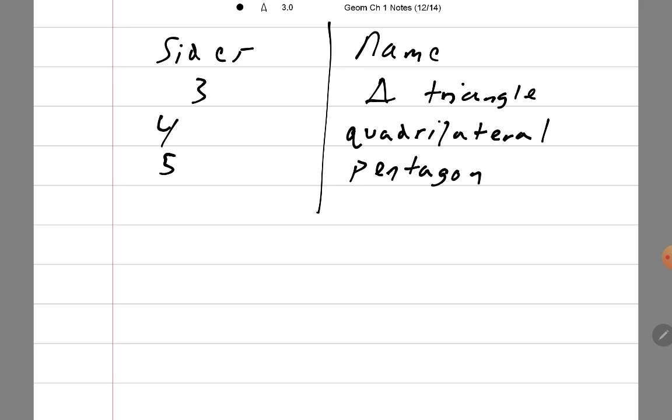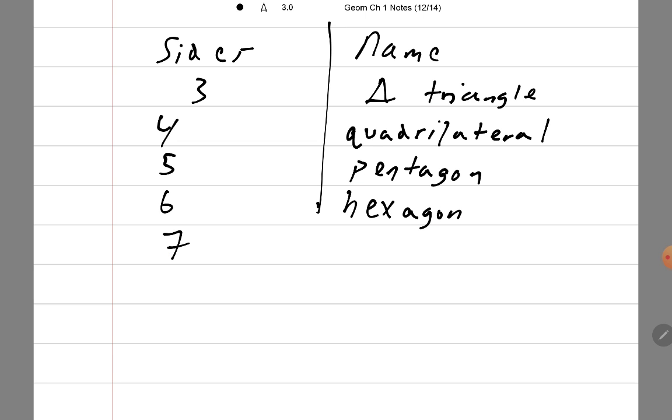We have the Pentagon in DC. It's in the shape of a pentagon. Okay, anyways. 6 is a hexagon.